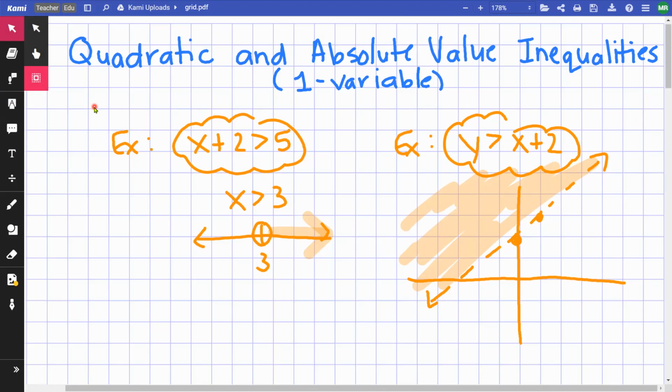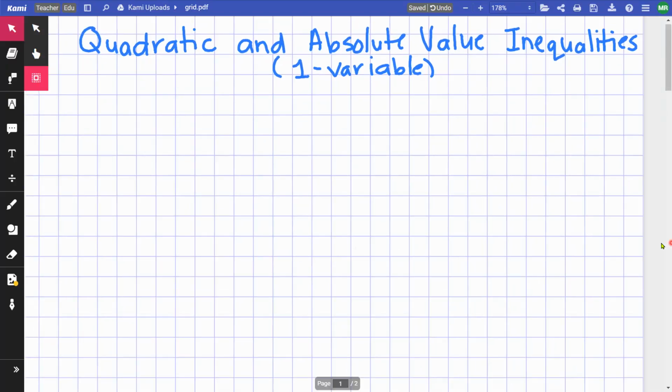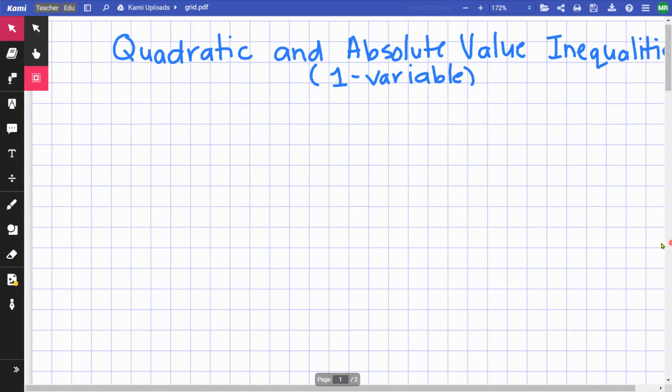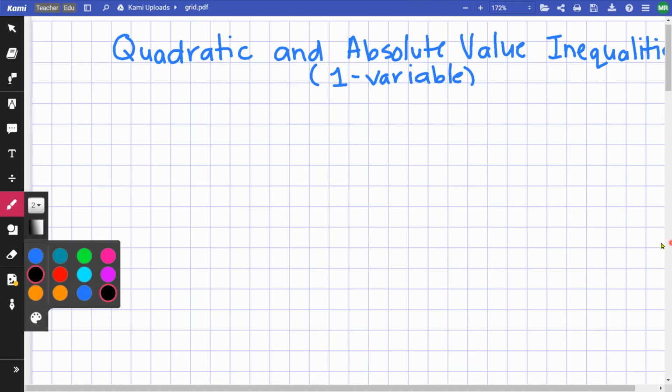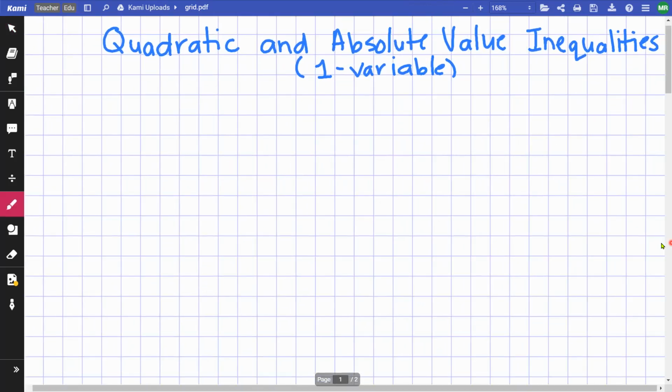So I'm going to get rid of this. What I am going to write here is something that you want to understand: that you can solve inequalities like equations.